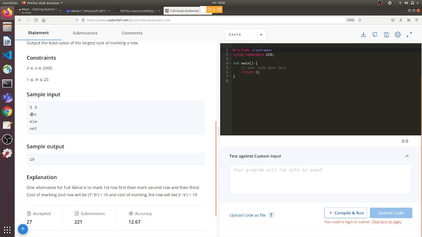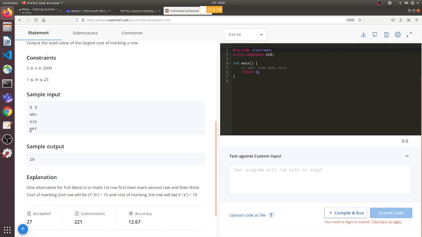From the first one, I think we have a distance around 24, X minus A, 24 or 23, I'm not very sure, and from the second we have X minus E. So X minus E is smaller than X minus A, so we choose this distance.